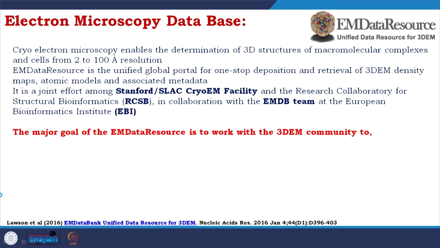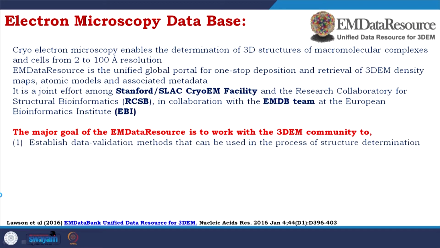The major goal of EM Data Resource is to work with the 3D electron microscopy community to establish data validation methods that can be used in the process of structure determination, as we have discussed before. So, once the data is prepared, the data has to be deposited and then validated.